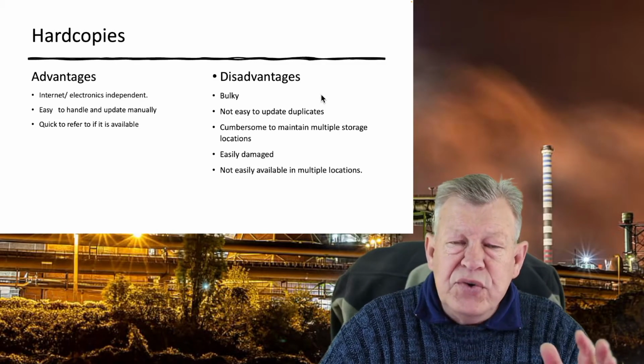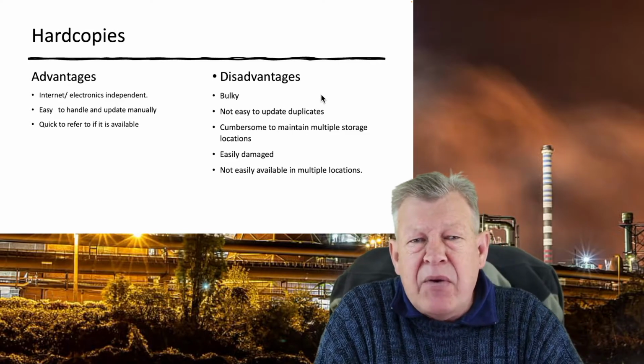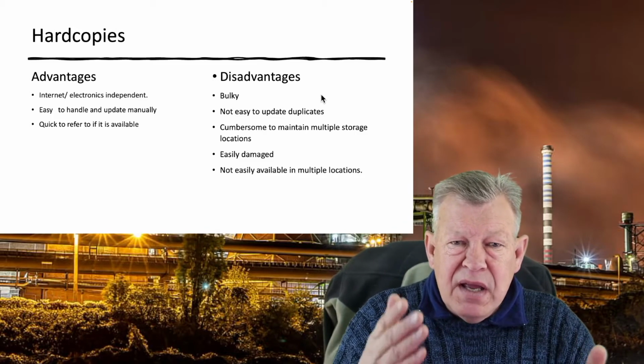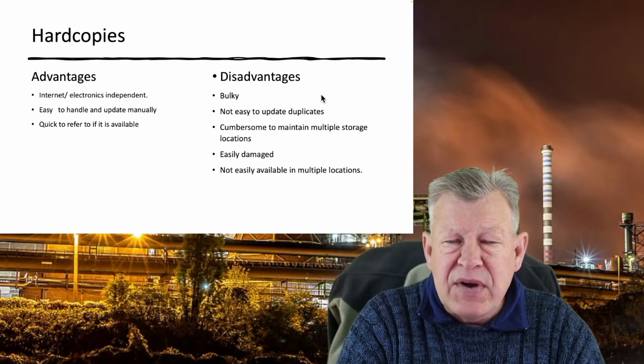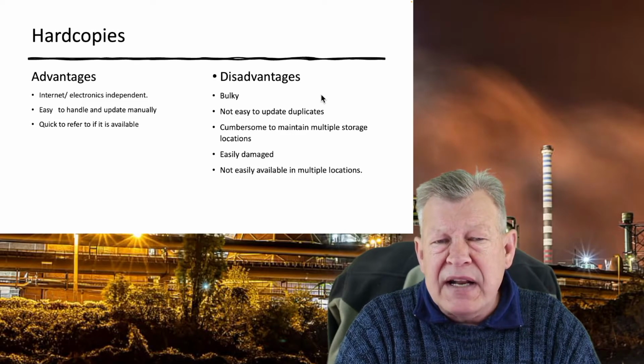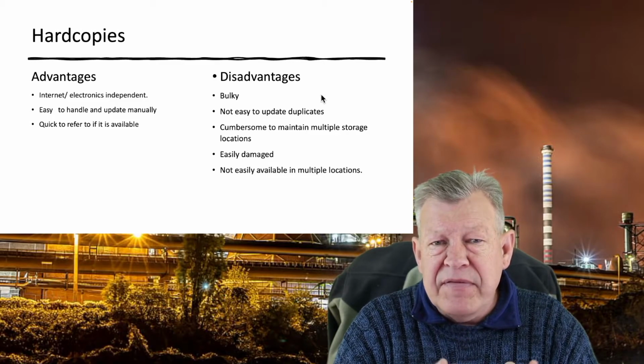Now, there are two main forms in which we can keep our documents. The first one is the old classic hard copy, a paper and a file. You guys have seen in your safety files how quickly that can become very bulky. And that's only a fraction of the information.